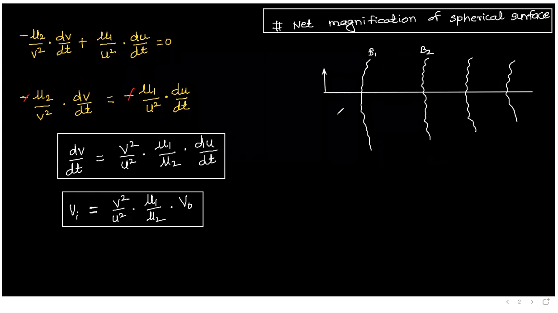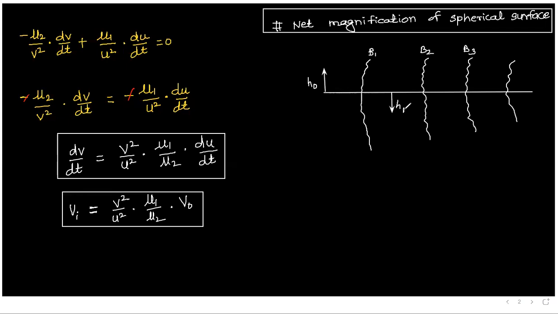Now the height is suppose h0. Height of object is h0, and then its image you are getting here, whose height is suppose h1.